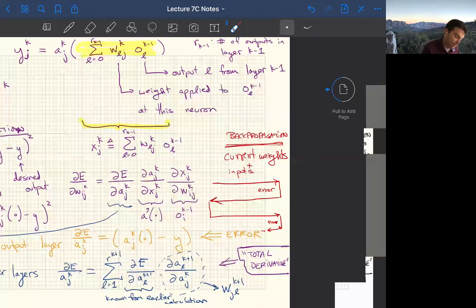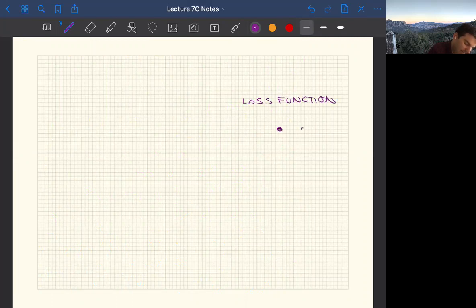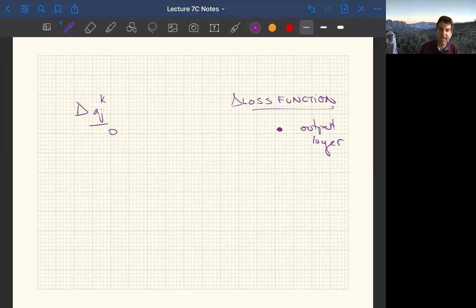If I were to draw a picture here, I basically have this loss function at the output layer, and I have this AJK that's back here, and I would like to know how much this loss function depends on this AJK. In other words, if I were to make a delta AJK, I want to know what the corresponding delta loss function is. But this delta AJK can act on the loss function in different ways.